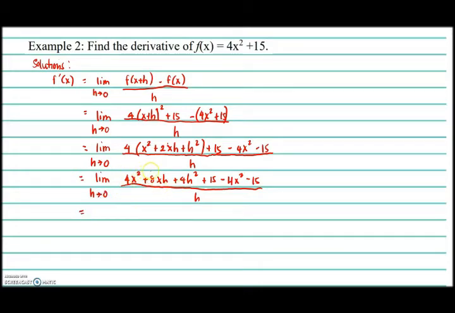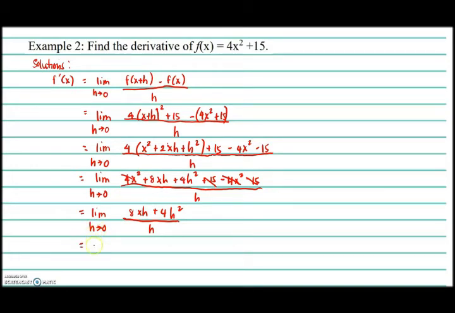Okay, combine like terms, so we can now cancel out 4x squared and negative 4x squared, 15 and negative 15. So we are left with the limit of 8xh plus 4h squared all over h as h approaches 0.